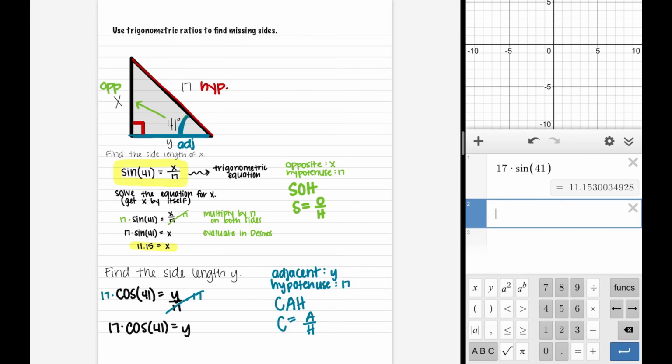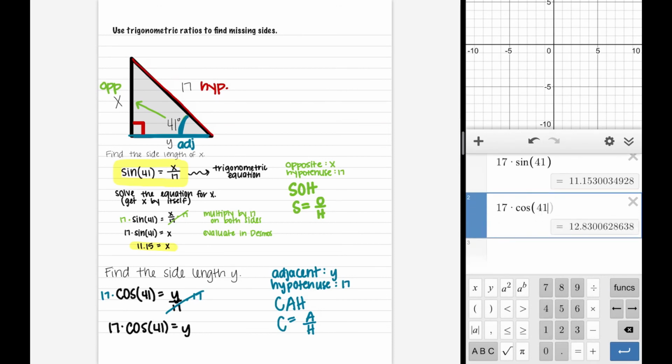And we can plug that right into Desmos to get the actual value of 17 times cosine 41. So 17 times, and then we'll go to functions, cosine, type in your angle measure, and we get 12.83. So 12.83 is equal to y.